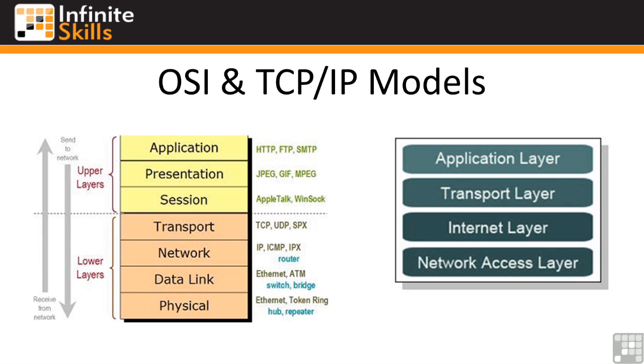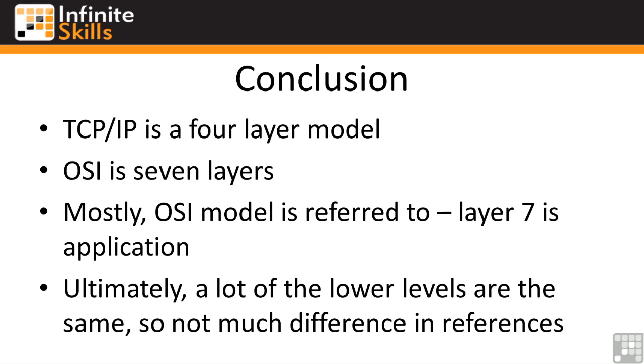So really that's why we talk about the OSI model, not only in terms of understanding the different functions and how they interact with one another, but also as kind of a shorthand for which set of functionality we're talking about. You can talk about the different layers in the OSI model. So TCP/IP is a 4-layer model and OSI is 7 layers.